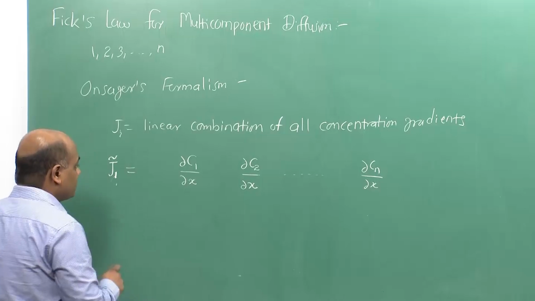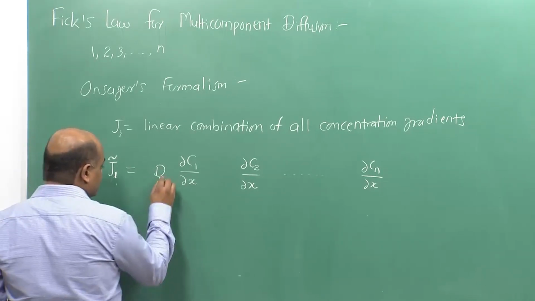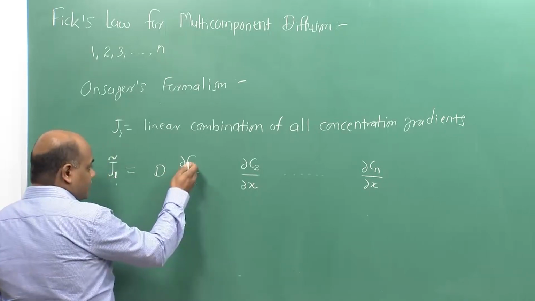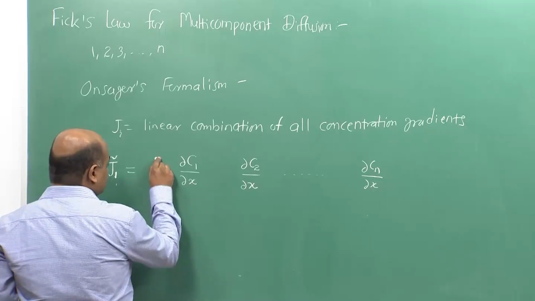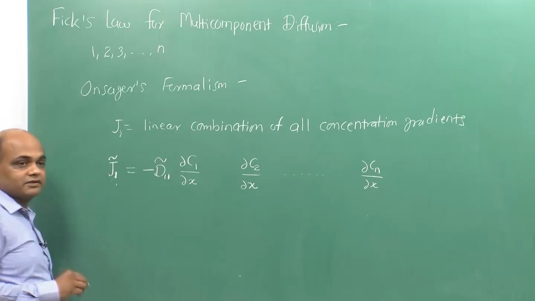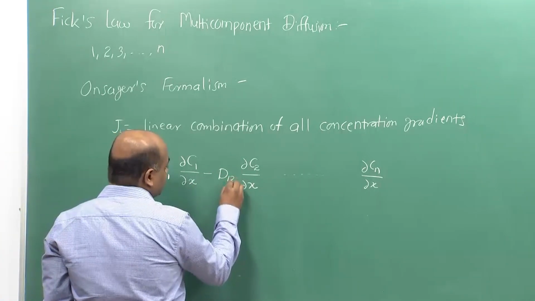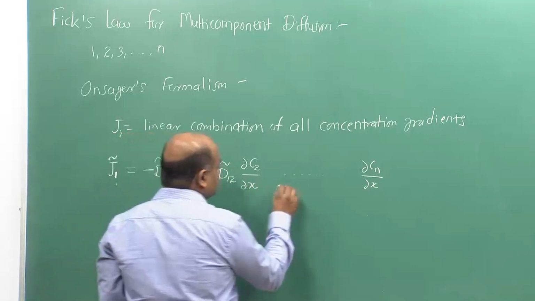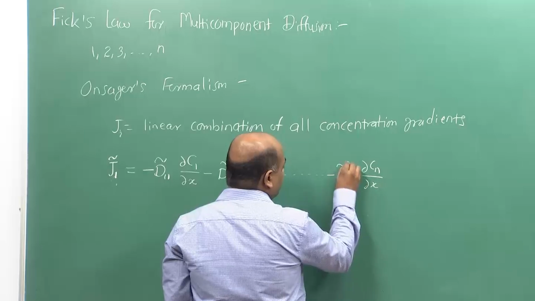And the corresponding coefficients: the effect of 1 onto the flux of 1 we denote as d11 tilde, and obviously we give a negative sign. Similarly, d12 tilde and so on. For component n it is d1n tilde.